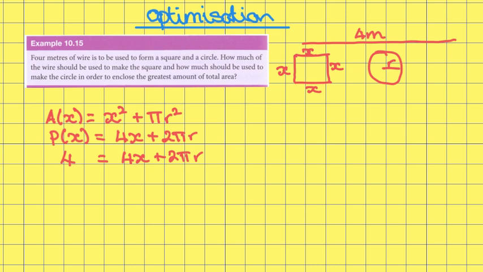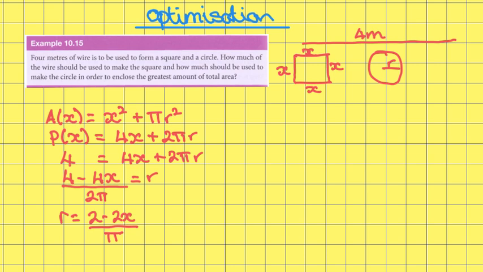I'm going to rearrange that to find r. So we got 4 minus 4x over 2 pi is equal to r. I'm going to divide every term by 2. So we get r is equal to 2 minus 2x over pi.